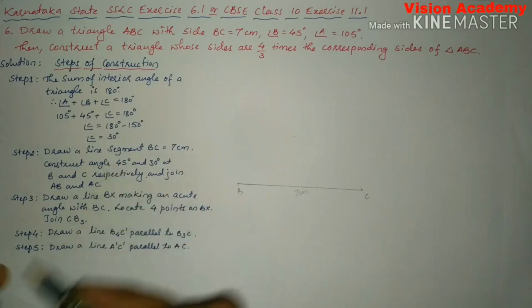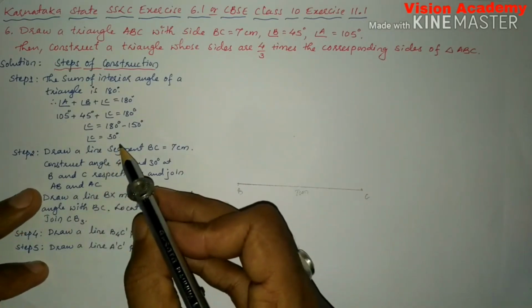So let us first draw 90 degrees, and half of 90 is 45 degrees.